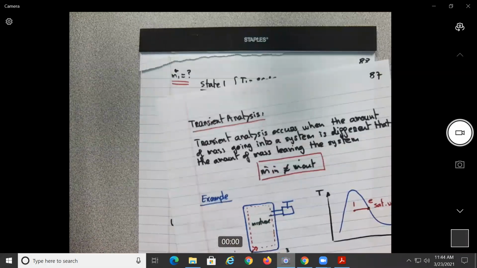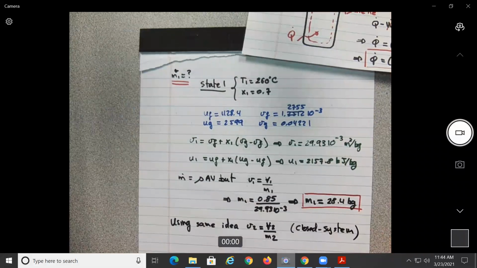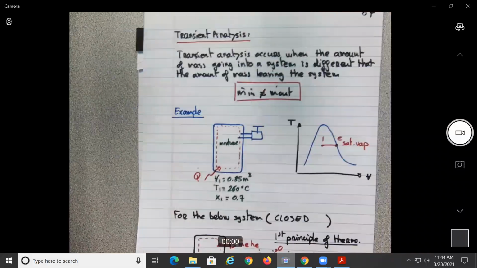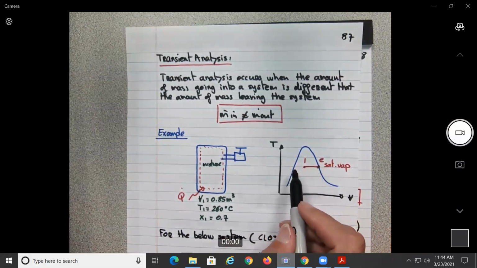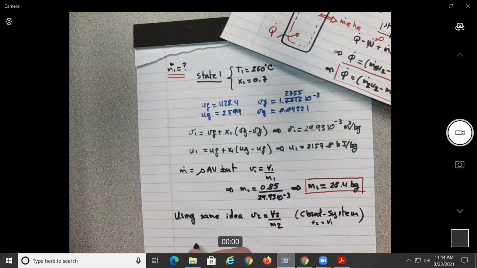It's a closed system, so V2 is equal to V1. Now, in order to find the specific volume at state 2, we know it is a saturated vapor, but the temperature is the same. So in this case, what should you have?